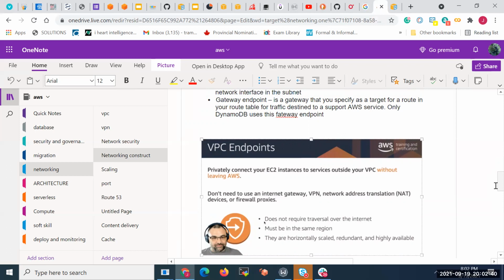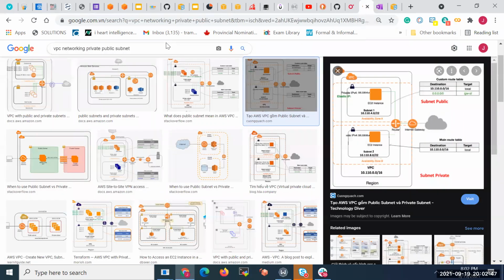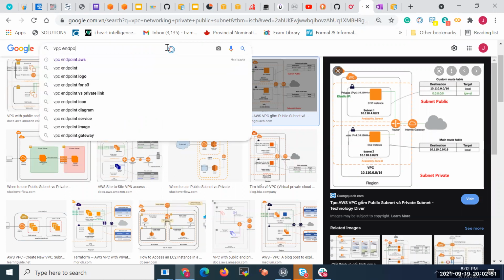However, what if you just need to connect different VPCs together? Then why would you need to use an internet gateway? Let me show you.